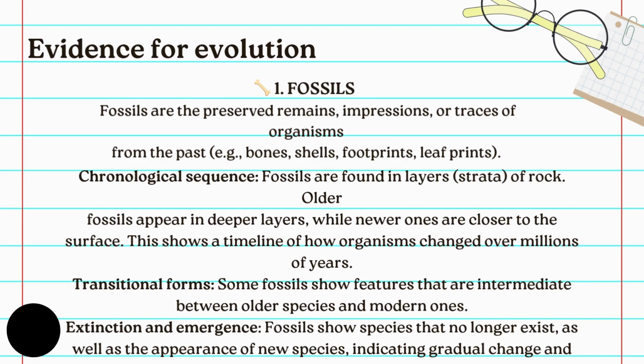It shows us extinction and emergence. For example, there's proof that dinosaurs existed before. We found bones, imprints, and all of that, but they don't exist anymore. They have gone extinct. So there's proof through the fossils that certain species existed before but no longer exist.